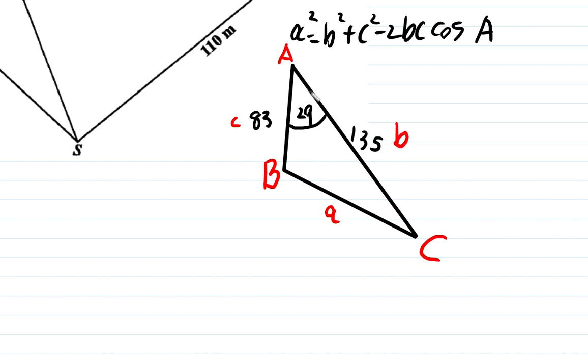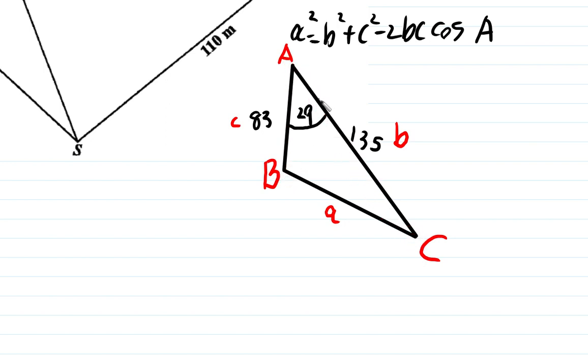So remember, if this angle is big A, the side that is opposite to big A is small a. Remember, it's the side that doesn't brush along the edges of the angle. AB rubs the edge of the angle, it is adjacent to it.